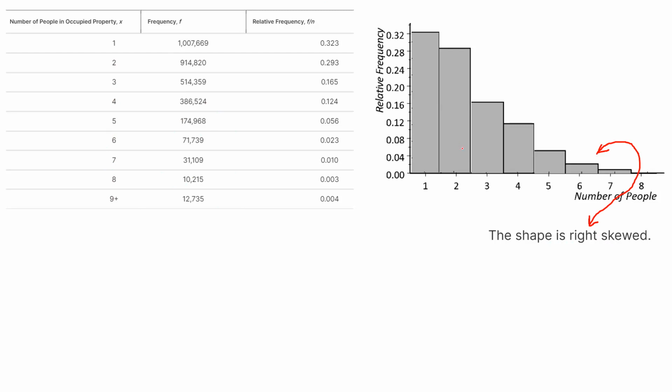You're going to say that, since the data is skewed to the right-hand side, to balance this object, it must be located around this point. So it means that you have either 2 or 3 people per household. That is the center, or the mean, or the balancing point of your data, between 2 and 3.